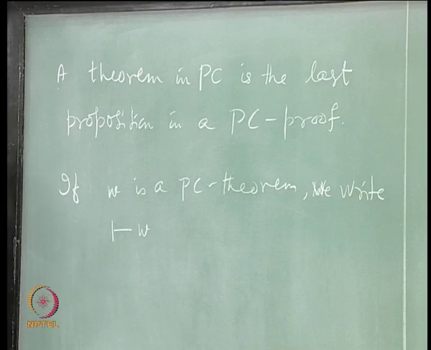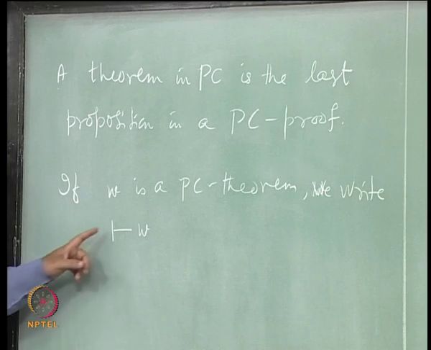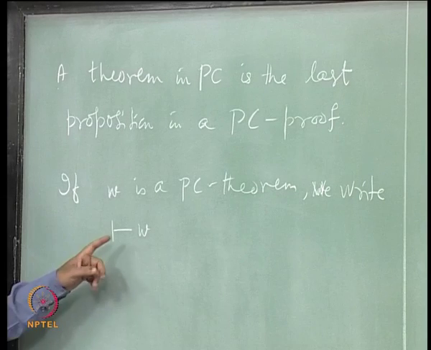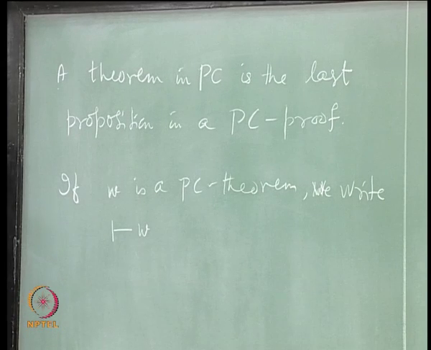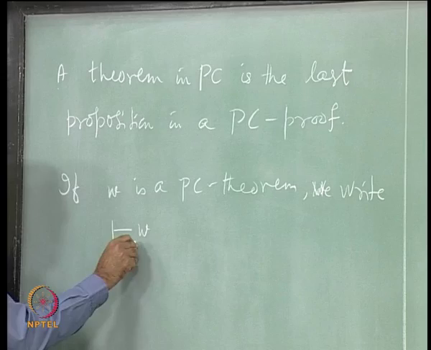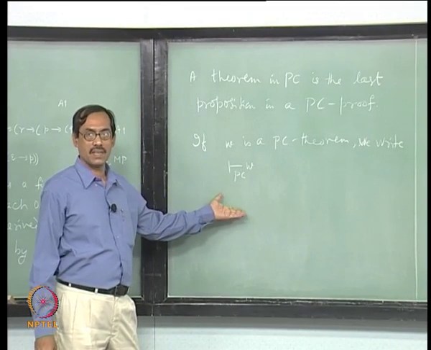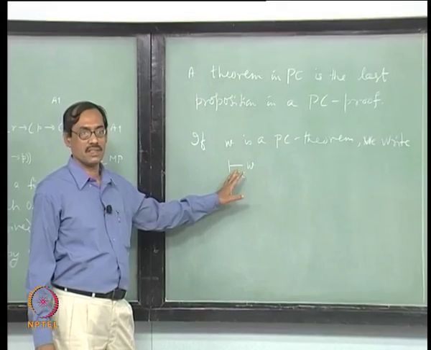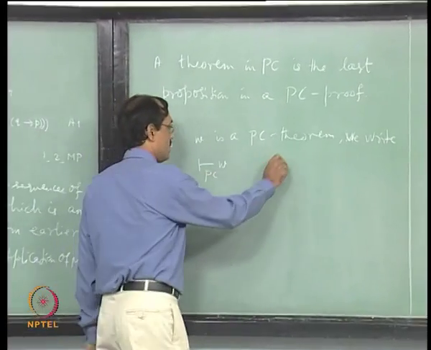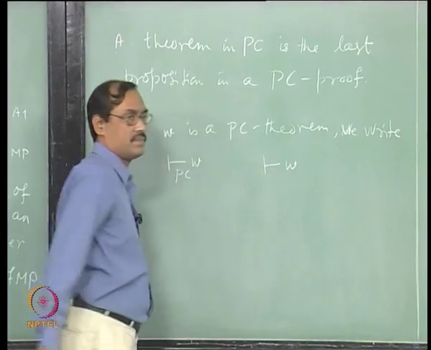Earlier we were using two parallel lines here, only one parallel line we will use. This is called the turnstile. We will read it as W is a theorem. Sometimes we write PC here to say that it is a theorem in PC, but if there is no other axiomatic system, we just write this symbol. So we just write W is a theorem.